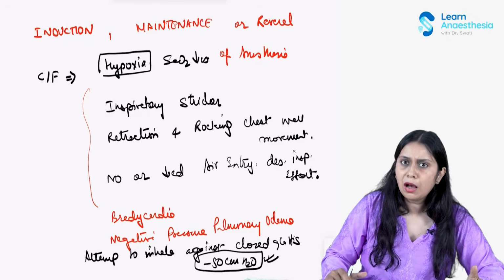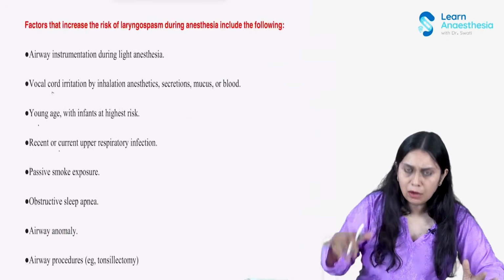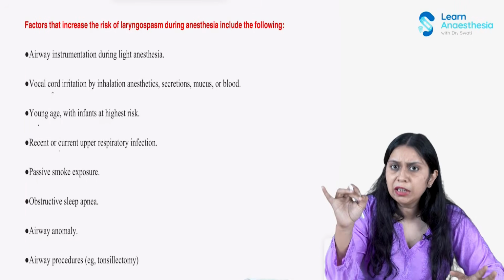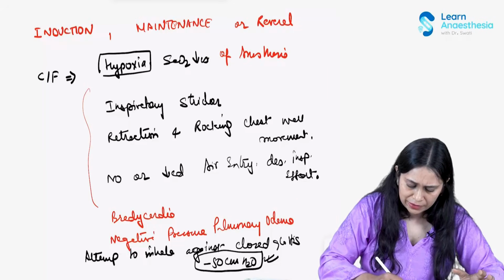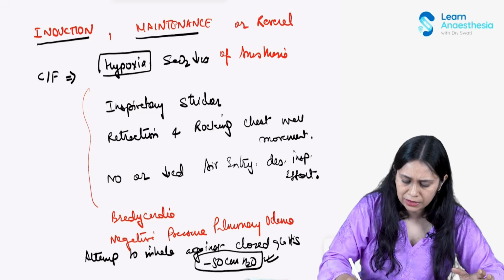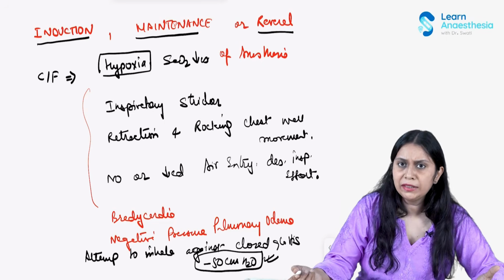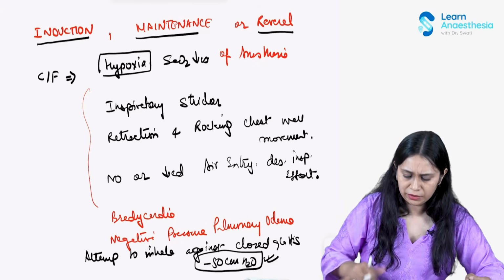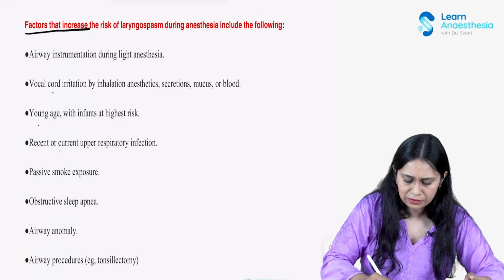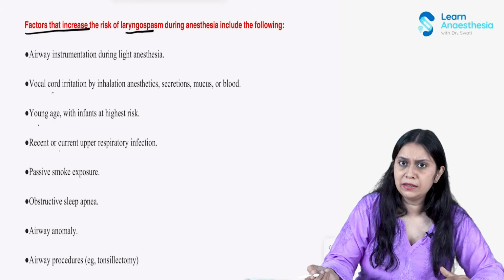Okay, now let's see, what are the factors which increase the risk of developing laryngospasm in the patient? As I said, induction, maintenance and reversal, it can happen during any stage of anesthesia. So what are the predisposing factors that increase the risk of laryngospasm during anesthesia?